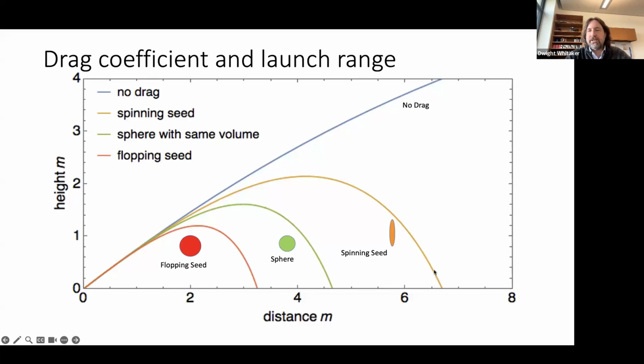That's in line with what we see in the lab. Compared to the sphere of the same volume and the same launching speed is only going to go a little over 4.5 meters. So you get about a 50% increase in launch range by making your seeds disc shaped and then making them spin compared to making them spherical. And you get a factor of 2 by spinning your flat seeds compared to letting them flop around.